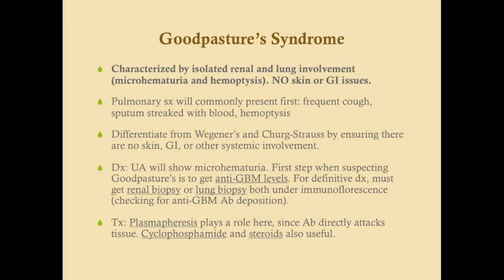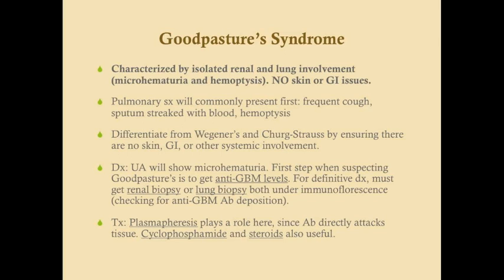So you can imagine that if you have an antibody to that, it's going to be specific to the lung and the kidneys. It causes destruction of the tissue, and that's what causes the hemoptysis in the lungs and the hematuria in the kidneys.